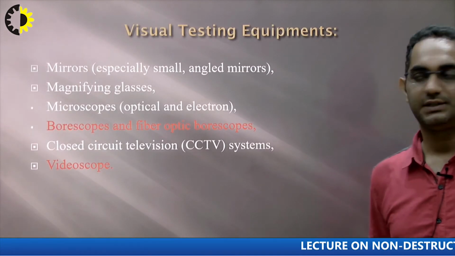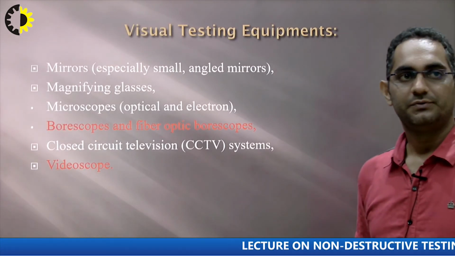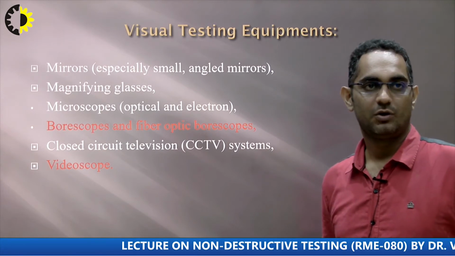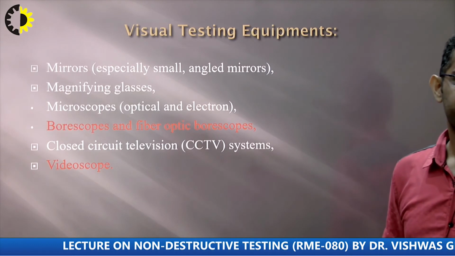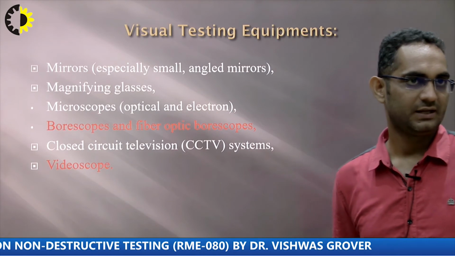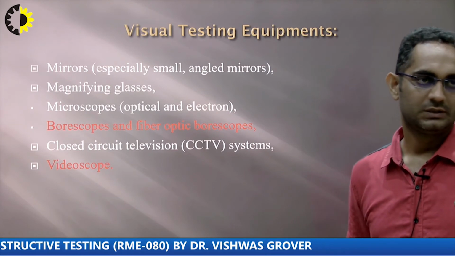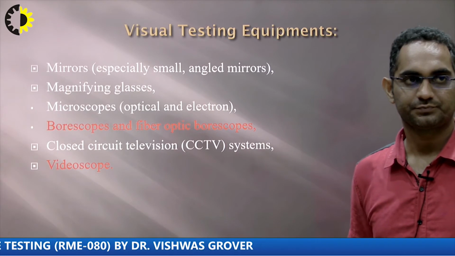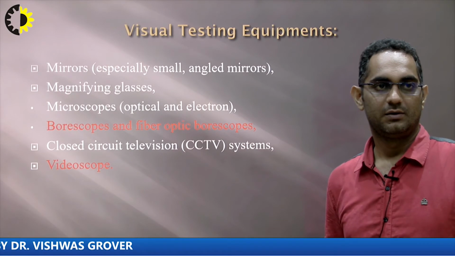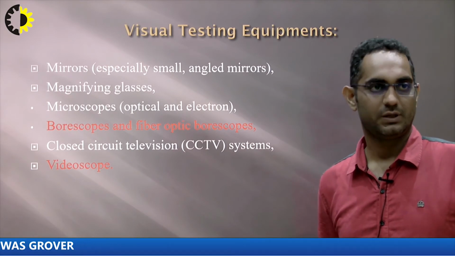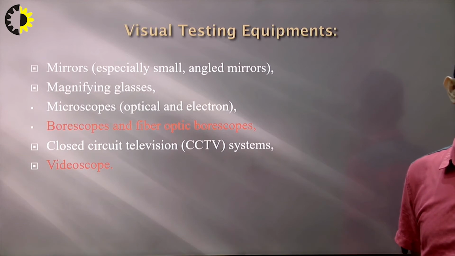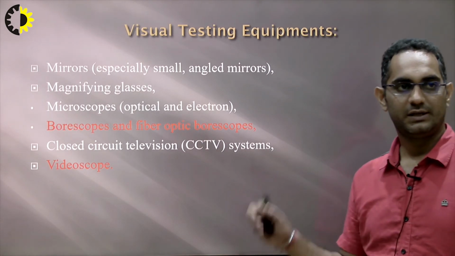Next is visual testing equipment. Visual testing equipment includes mirrors, especially small and angled mirrors, then magnifying glasses, microscopes, optical and electron, borescopes and fiber optic borescopes, then closed circuit television, that is CCTV systems, and videoscopes.